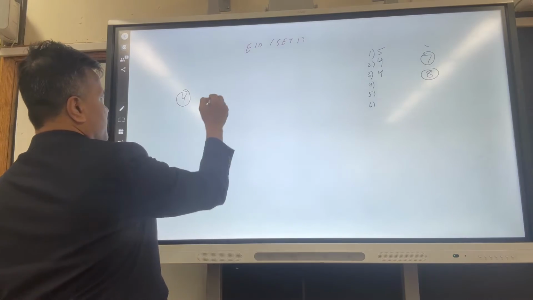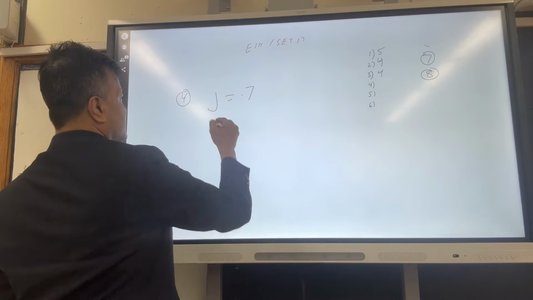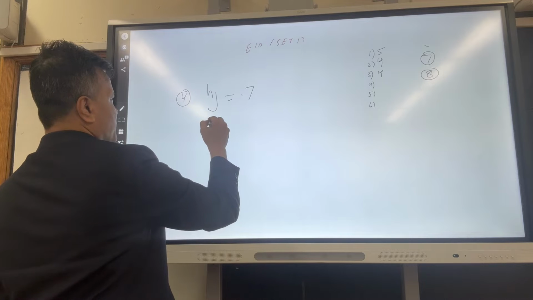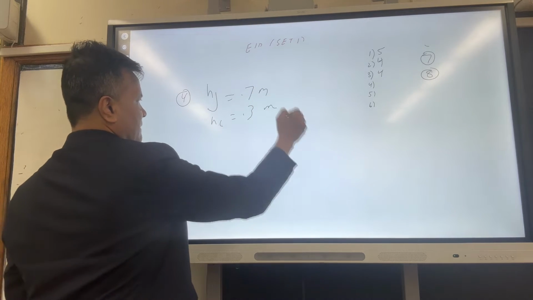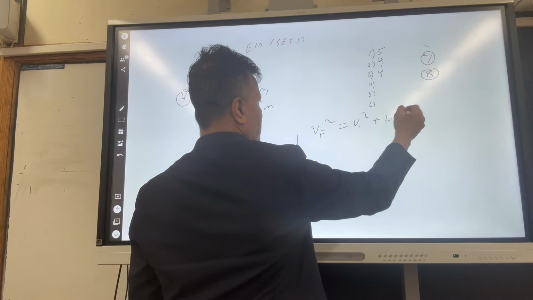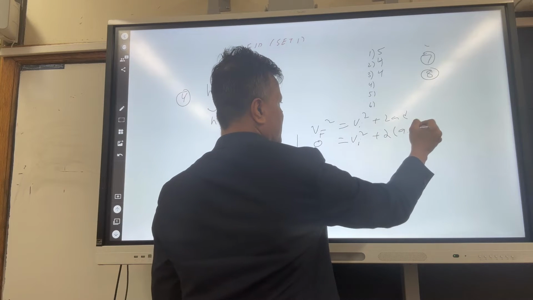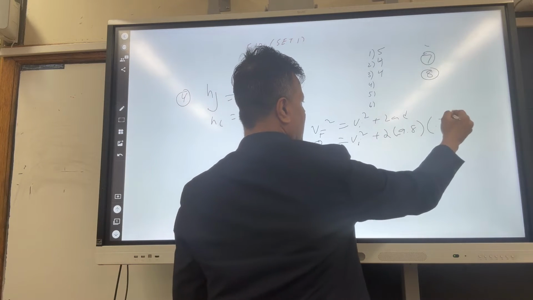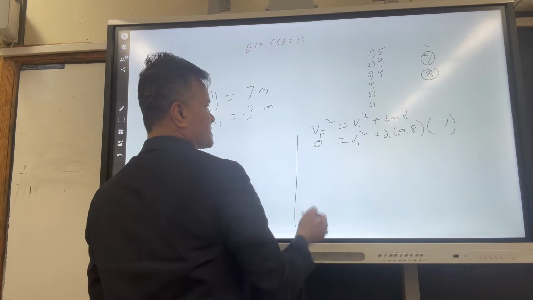Okay, number 4 is Josh. Josh jump height is 0.7. Josh crouch height is 0.3. So vf squared is equal to vi squared plus 2ad. So this is 0 because vi squared plus 2 times 9.8 times negative 0.7, because at 0.7 the velocity is 0.